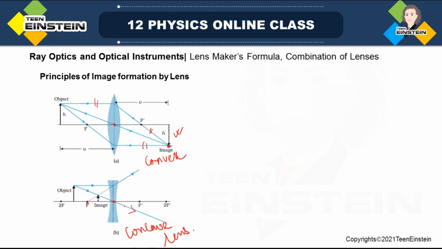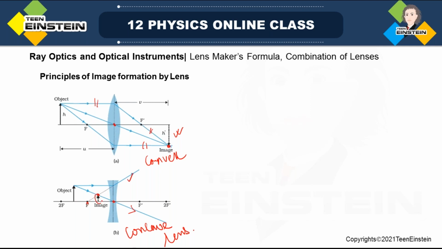Then if you trace back this particular ray with the dotted line, it is meeting or intersecting the second ray over here.